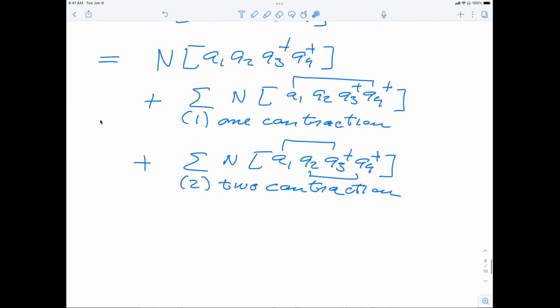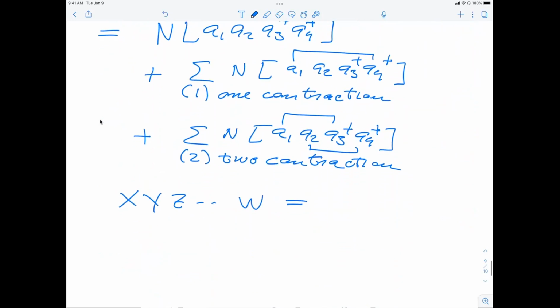Now, this can be generalized to chains of operators. So if I'm calculating the expectation value now, and this is Wick's theorem, this is a chain of operators being applied to a vacuum state.